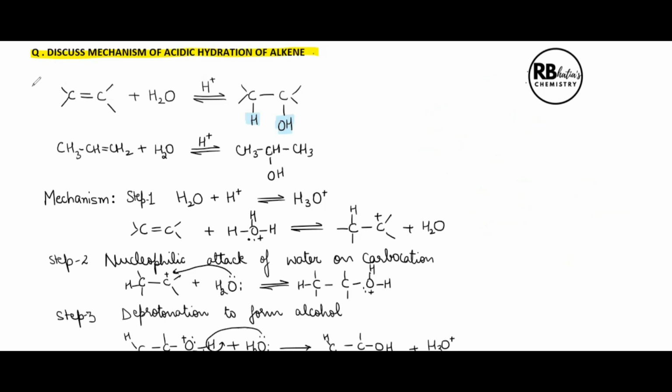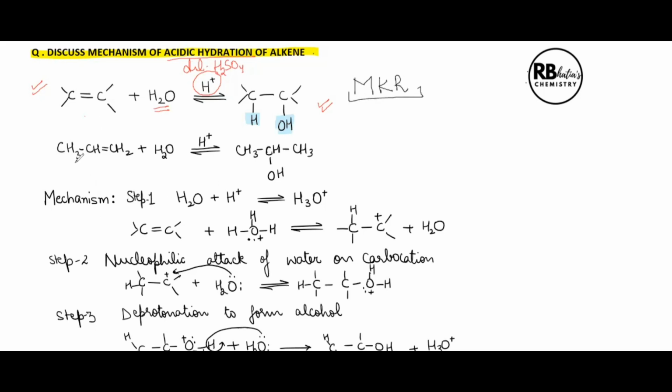Now, let us look at the mechanism of acidic hydration. Acid is catalyzing the process. Since it is hydration, we are going to get this H plus from dilute sulfuric acid, and dilute means a lot of water. In the product formed, one side gets H, one side gets OH, and the reaction obeys Markovnikov's rule.